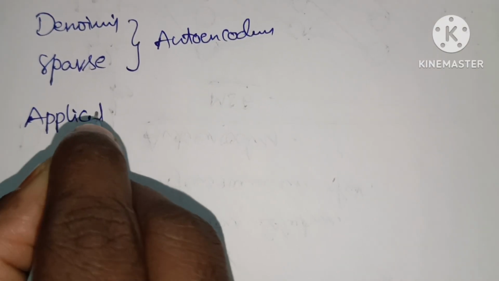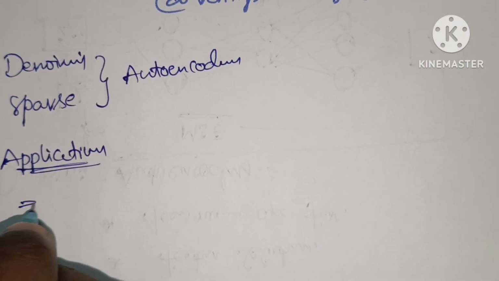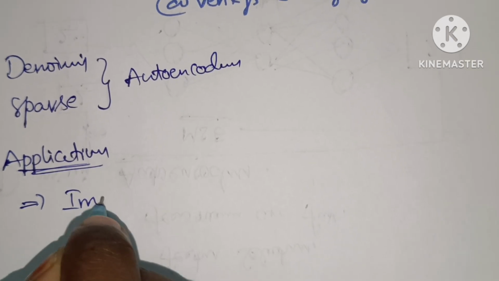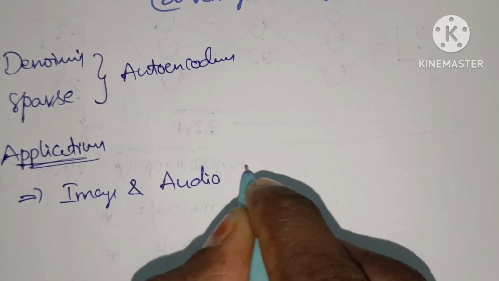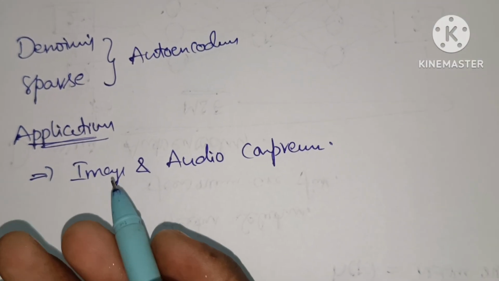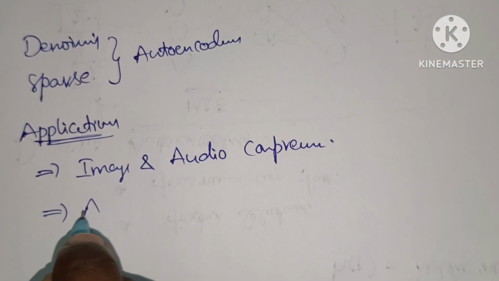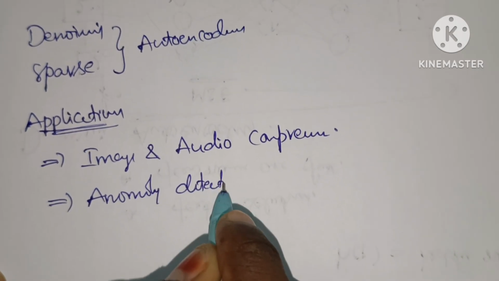So generally, what are the applications of autoencoders? Already we discussed. First one is image and audio compression. Clear? Next one, which we already discussed initially, is anomaly detection.